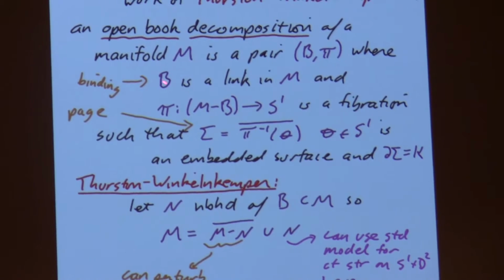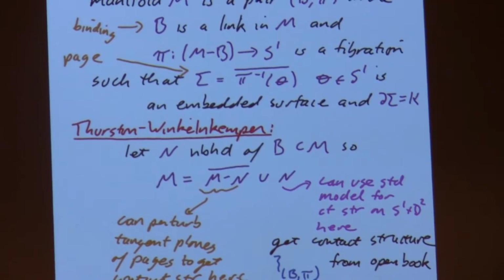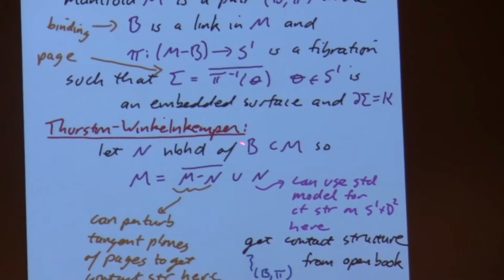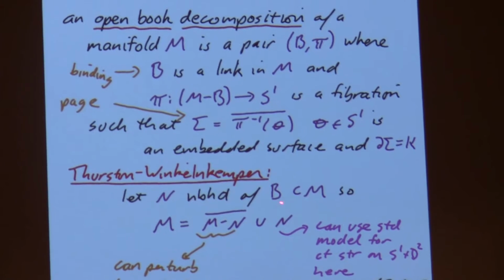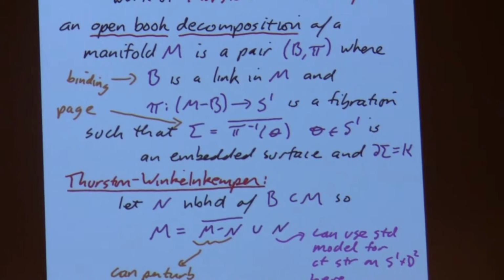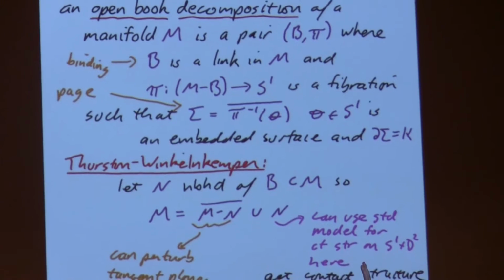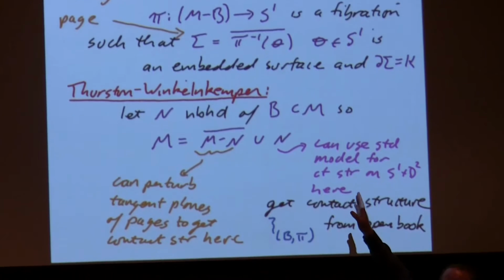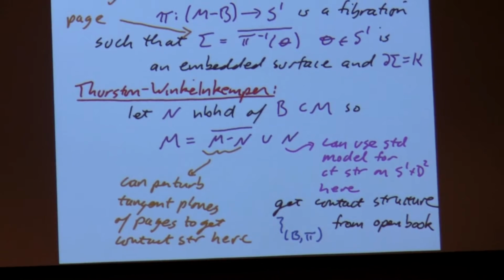The link B is called the binding, and the closures of the fibers are called pages of the open book. Thurston and Winkelnkemper proved that if you have an open book decomposition, let N be a neighborhood of B. On the manifold minus the neighborhood of B, you have the fibration coming from pi, and you have the tangents to the fibers. That's a plane field.